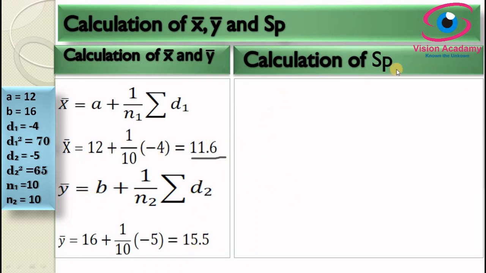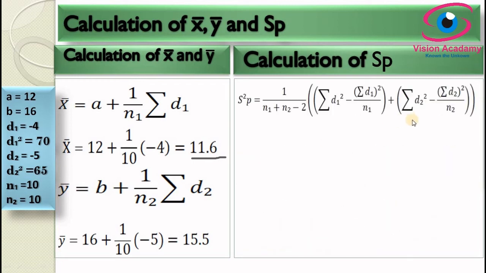Then we have to calculate SP. Here on the right side I have calculated SP also. As I told you, I have copied the formula. So the formula is this, and we have the relevant information here to apply to the formula. Here N1 is 10 plus N2 is 10. Since we are considering two populations, I will subtract 2 from N1 plus N2.